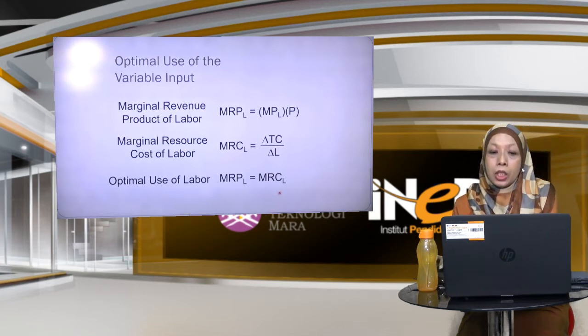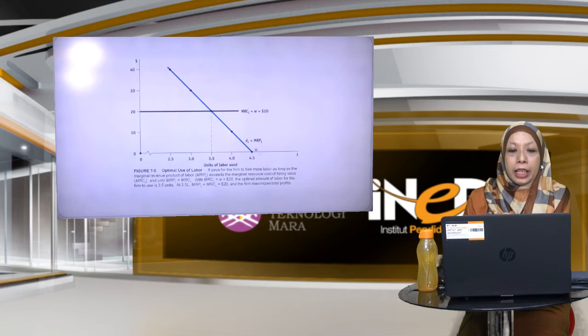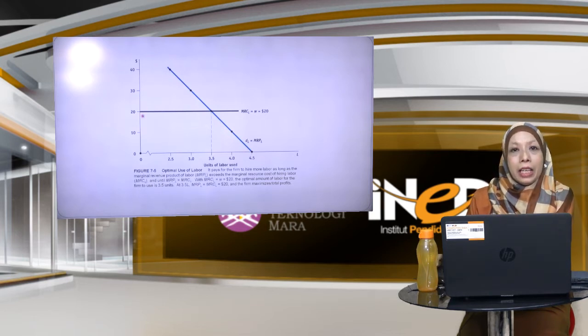Graphically, your optimal point is the intersection between your marginal revenue product curve, represented by this downward sloping curve, and the perfectly elastic marginal resource cost curve, represented by the black line. So the intersection is what we call the optimal point of labor.